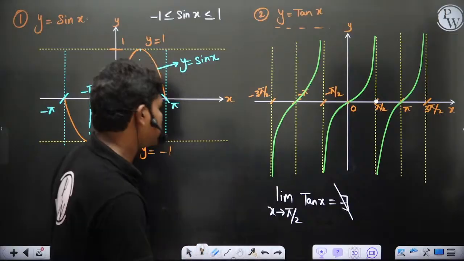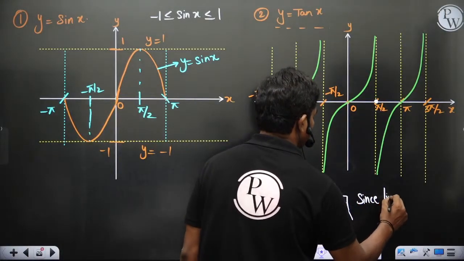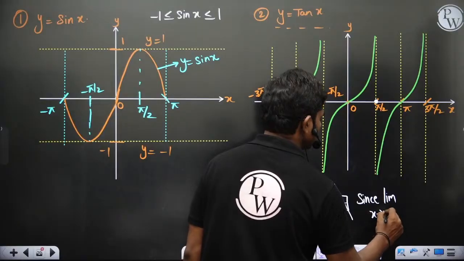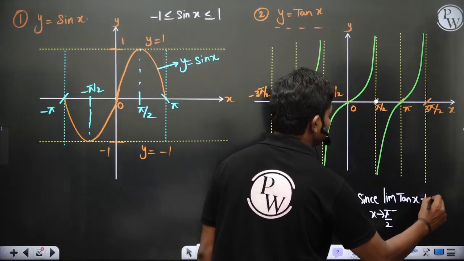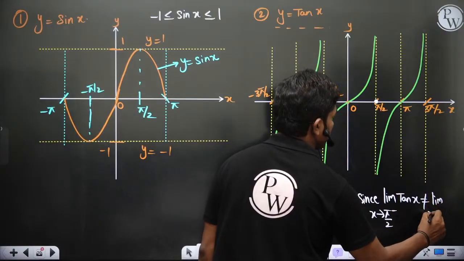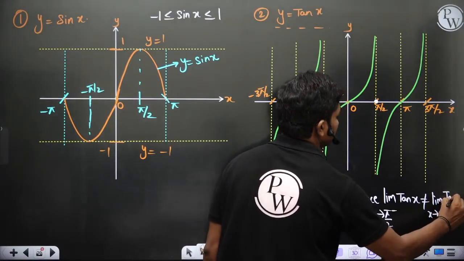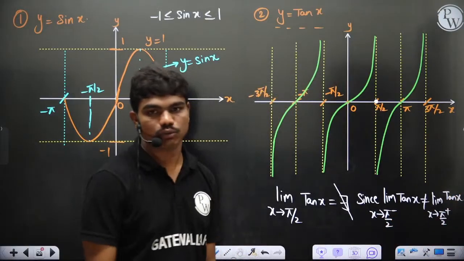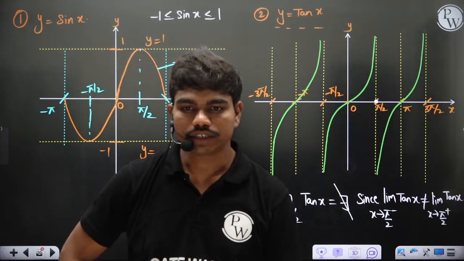So therefore, since limit x tends to pi by 2 minus tan x is not equal to limit x tends to pi by 2 plus tan x, of course, the limit does not exist at that point.